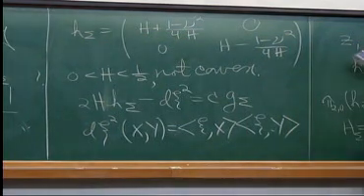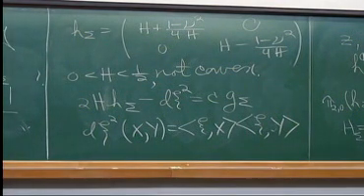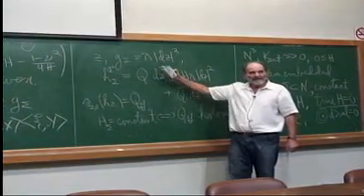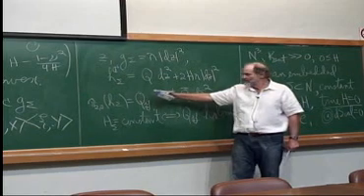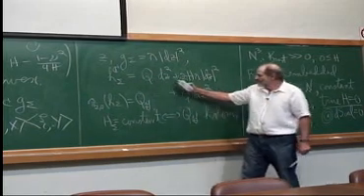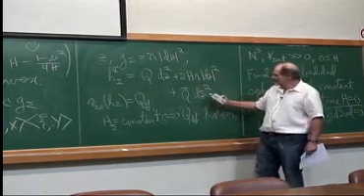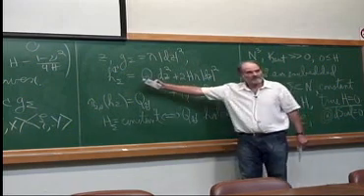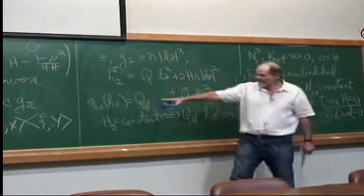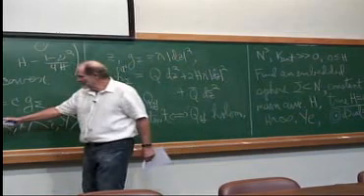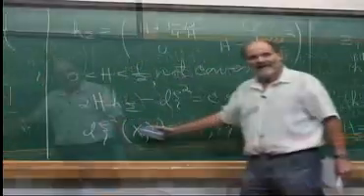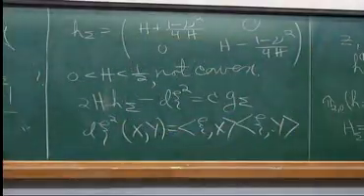As I said when I defined the 2-0 part of a quadratic form, if the quadratic form in question is a multiple of the metric, then its 2-0 part vanishes identically, because this is the metric, so this vanishes and this vanishes. Therefore, the 2-0 part of this quadratic form vanishes on the rotational spheres.